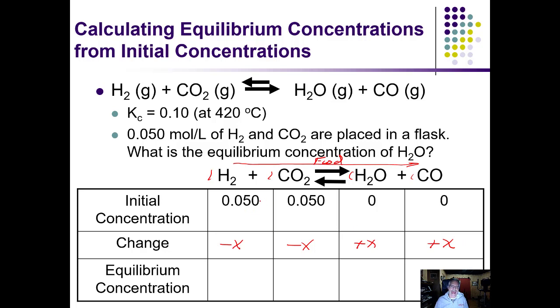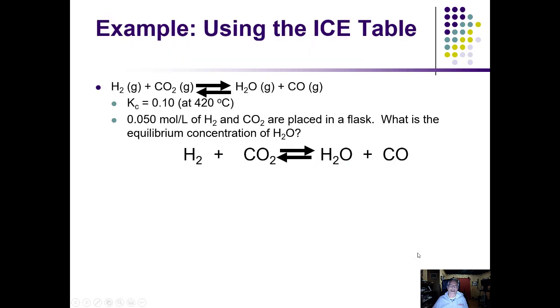Then we simply add the initial line to the change line in all 4 cases. We get 0.050 minus x, 0.050 minus x, and 0 plus x is just x, 0 plus x is just x. I've gone ahead and set up the same problem over here, just the way that you would set it up. You would make your own ICE table.